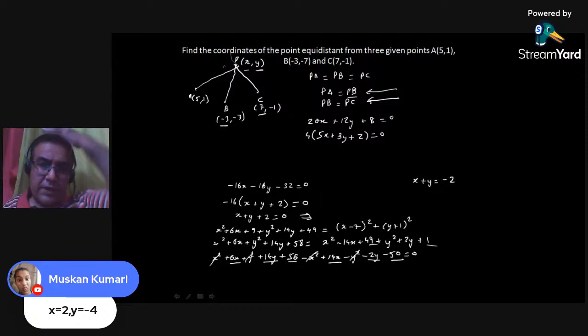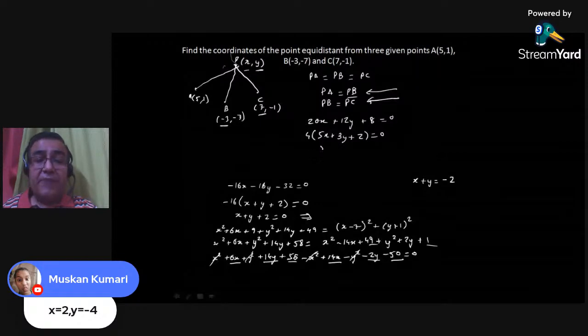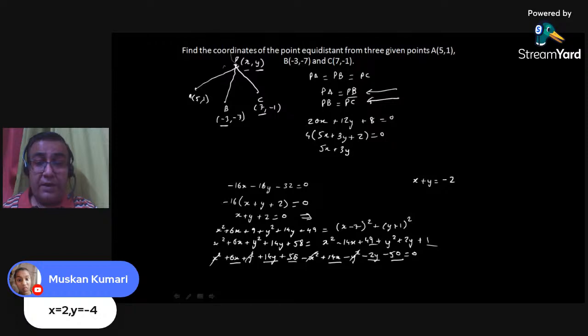Right. So again, I think we have got, okay. Right. That means 5x plus 3y should be equal to minus 2, because when 2 goes to the other side, we'll first divide by 4.